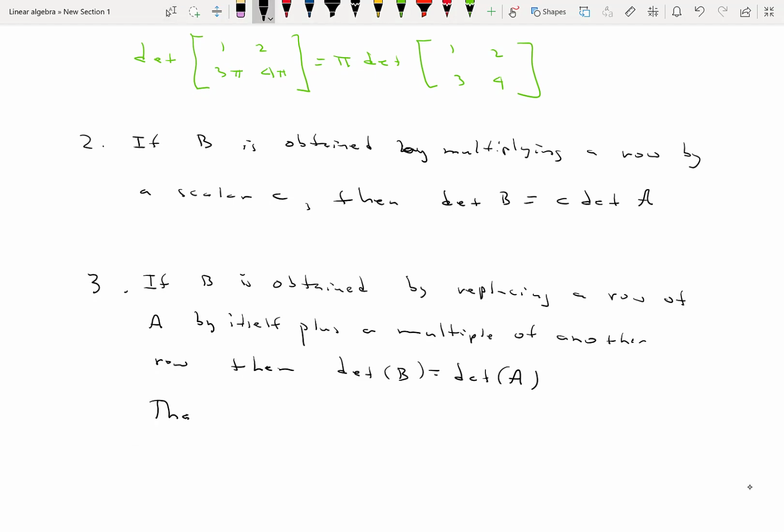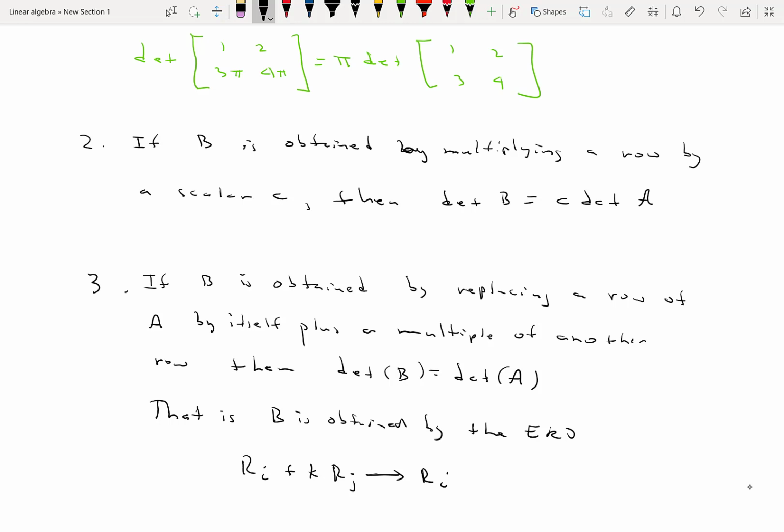Let me be a little more explicit here. So this is saying that B is obtained by the elementary row operation row I plus, let me say it better, constant K times row J back into row I. So if you perform that elementary row operation, then the value of the determinant is unchanged.